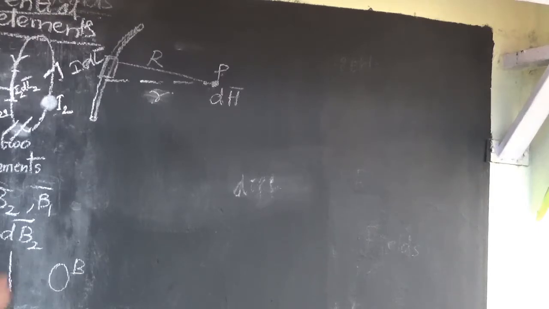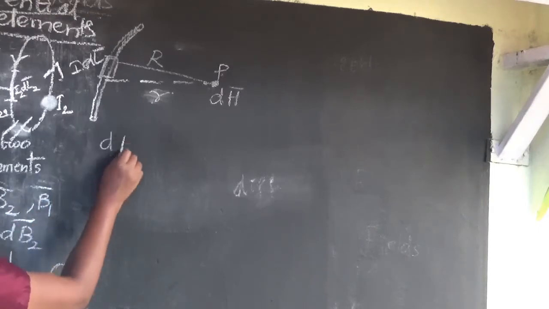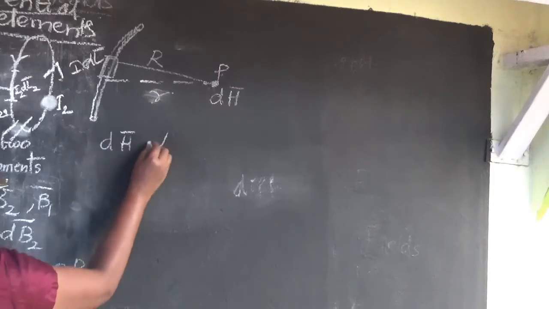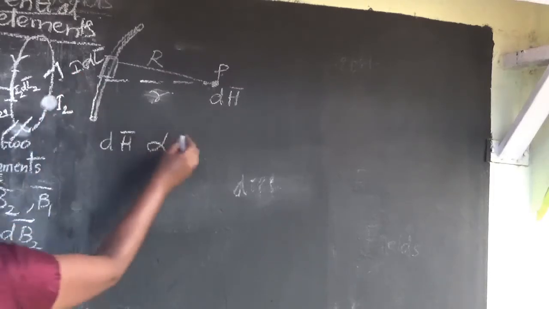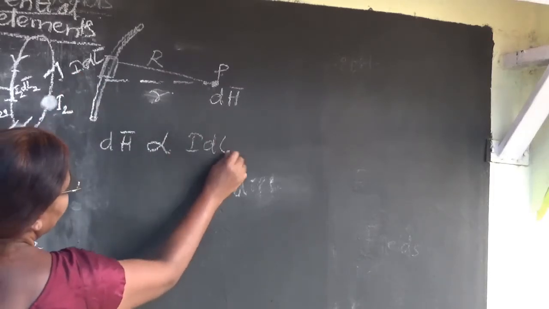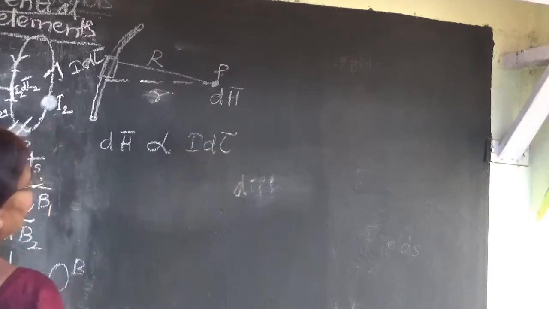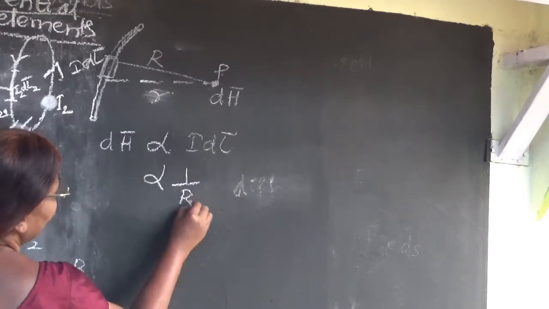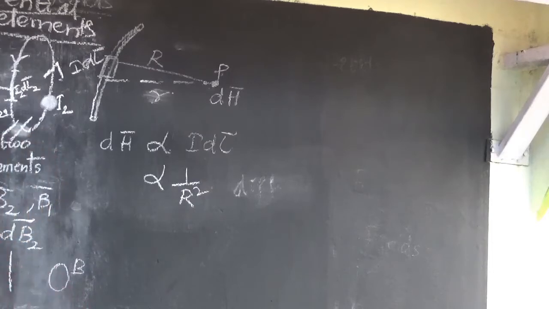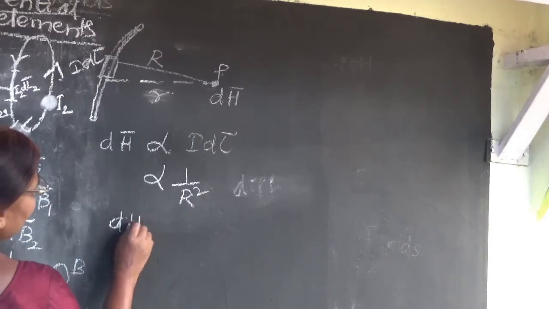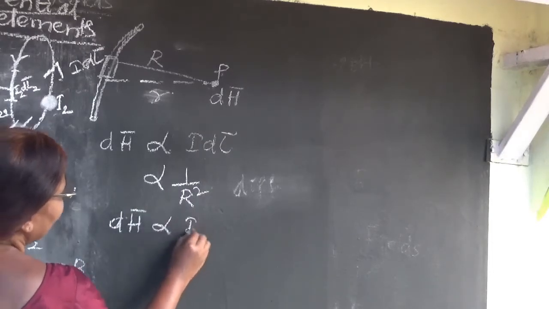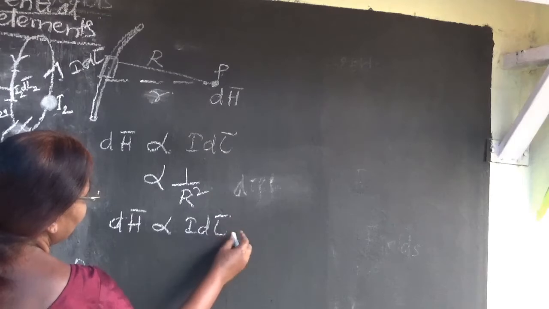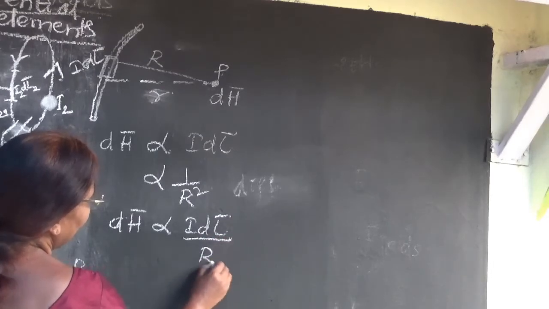So this dH bar is going to be proportional to I dL bar, and also proportional to 1 by R square. So dH bar is going to be I dL bar by R square.